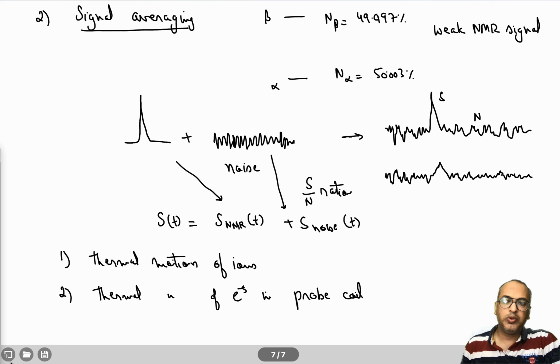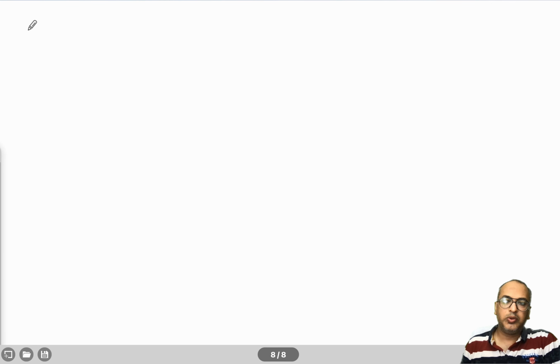Okay, so let's see. There are three strategies which can be implemented to overcome noise. First is probe design. We will see that later when we discuss the instrumentation part.